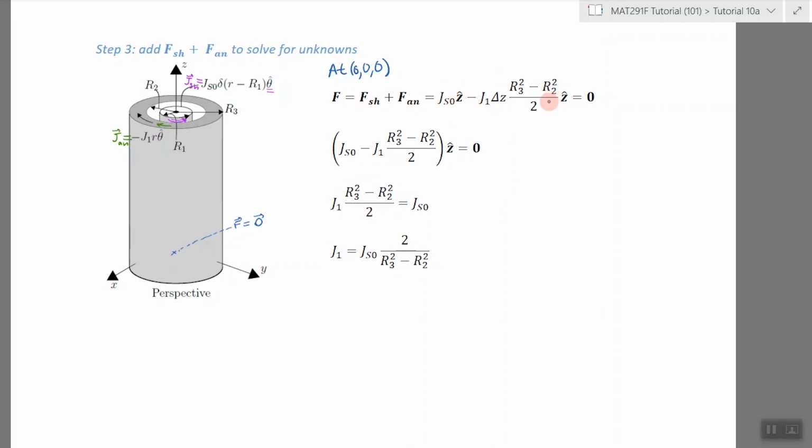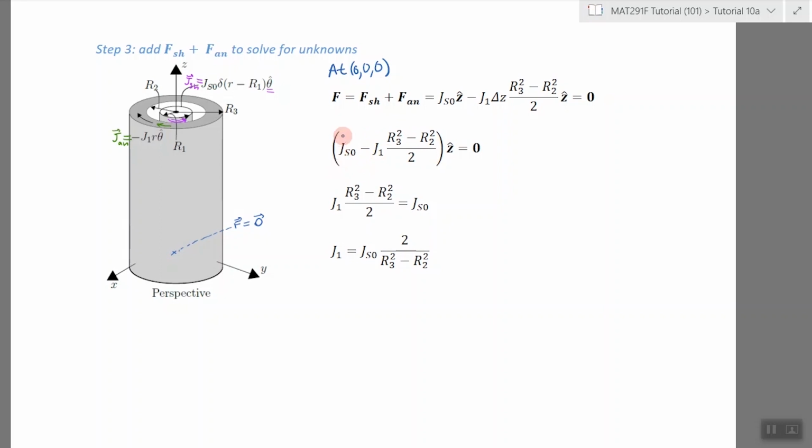And this is what I just showed you. And we know we were given in the question that this is equal to 0. Then factoring out this z hat and setting it to 0, we know that the only way for this to be the case is if this guy is 0.